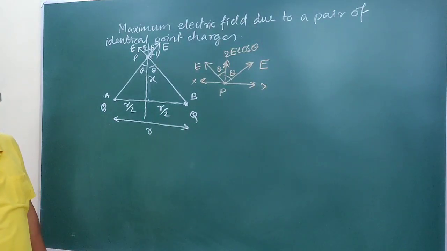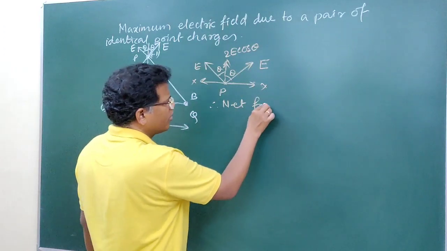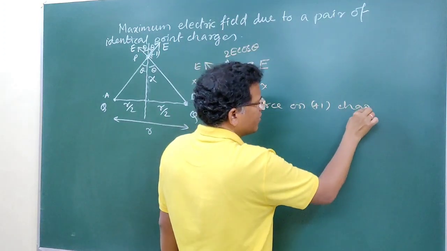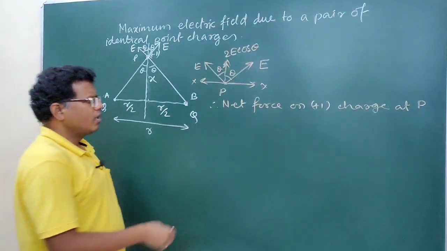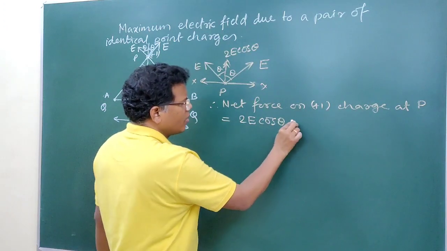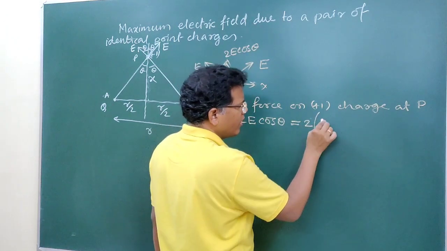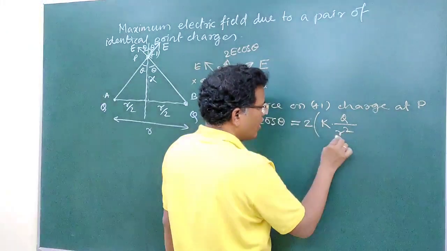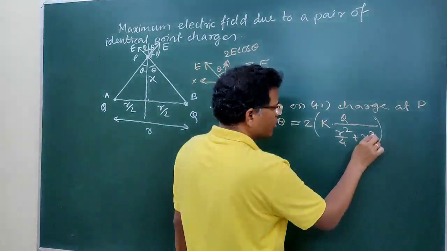So the net force on the +1 charge at P can be written as 2E cos theta, where E can be written as KQ by (r square by 4 plus x square), that into cos theta.